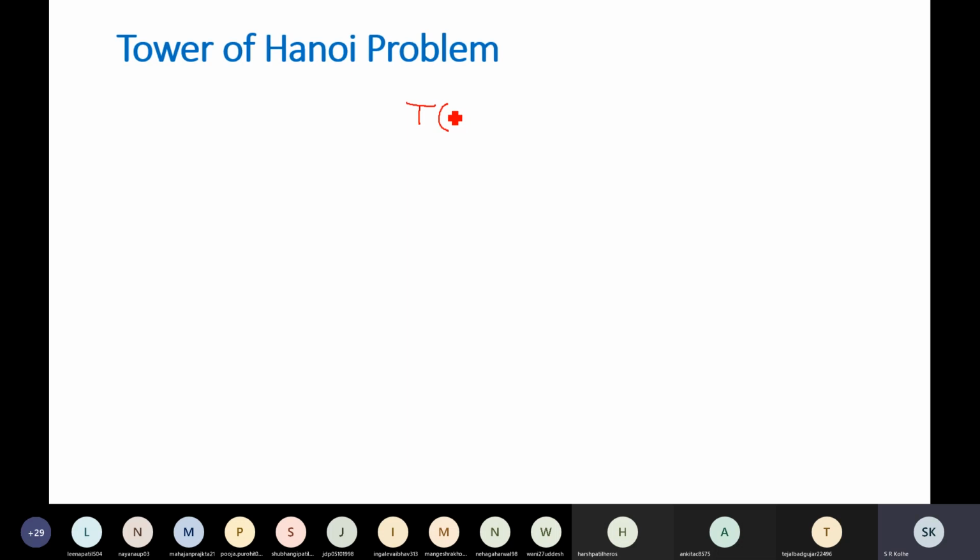First parameter will tell you disk, second parameter source pole, and third parameter destination pole. First parameter disk, second parameter source pole, third parameter destination pole. So your objective, goal, is to move n disks from pole A to pole C. This is how this can be put in.